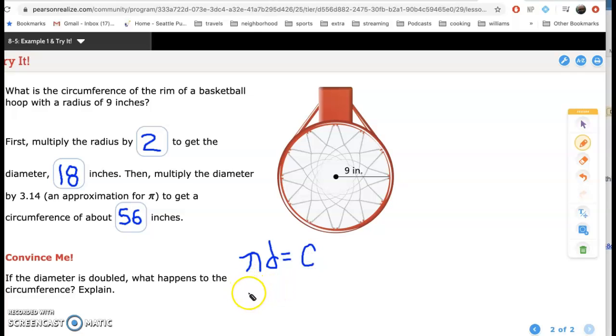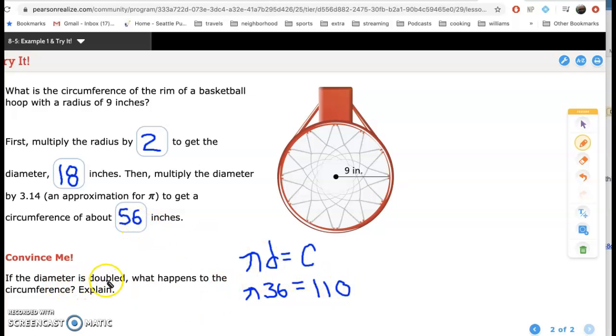So that means I'll take pi times my new diameter, which is 36. If I multiply that out, I get approximately 110. And the relationship is 56 was my original, this is my new, so my relationship's about double.